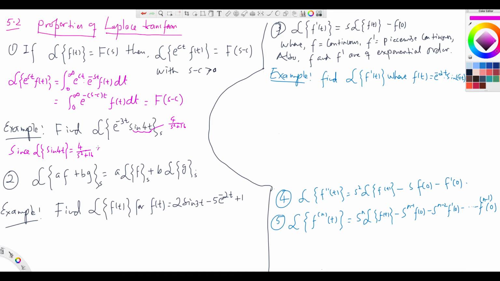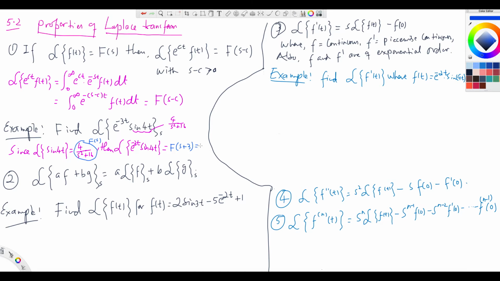So the Laplace transform of e to the negative 3t sine 4t equals how much? This quantity is F(s). When you multiply by e to the ct, c is negative 3, so it will be F of s minus c, but c is negative, so it will be F of s plus 3.